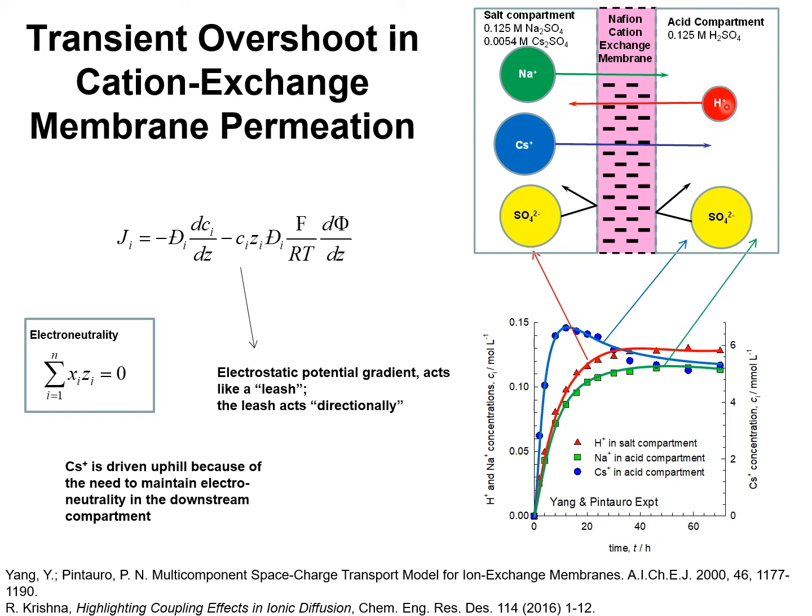Hydrogen ion has a very high diffusivity, about a factor 5 higher than that of say sodium and cesium, and it gets transported very quickly into the left compartment, creating a charge imbalance, and therefore to maintain electroneutrality, that enhances the transport of cesium across the membrane into the right compartment.